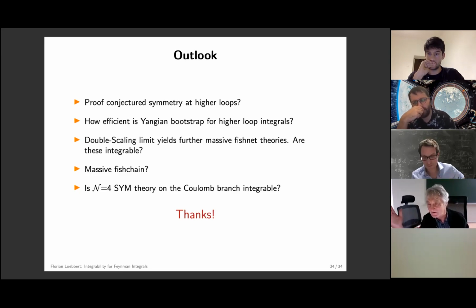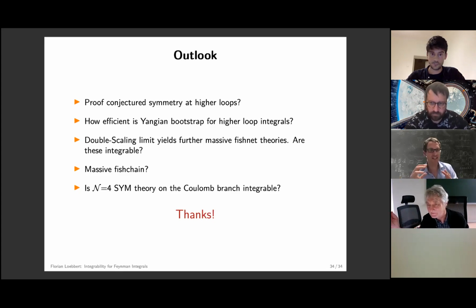No, we haven't made a similar analysis as you did in your paper for all of the spontaneously broken fishnet theory. For us, the motivation was that we get the right massive fishnet theory, which gives the right Feynman integrals, and this is what we take as an input.